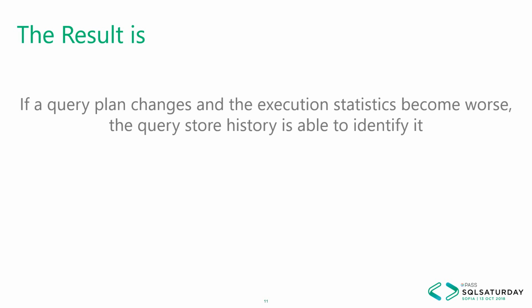We are able to get the information from the history and identify, oh, now this query is using this plan, but the previous plan the query was using was way better. This is called query plan regression. When a query changes its plan and the plan becomes worse.